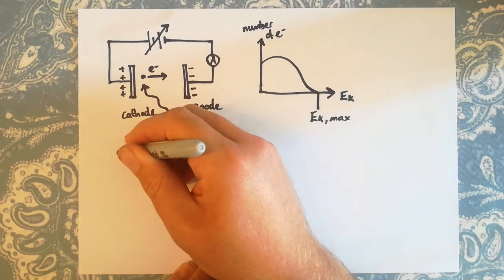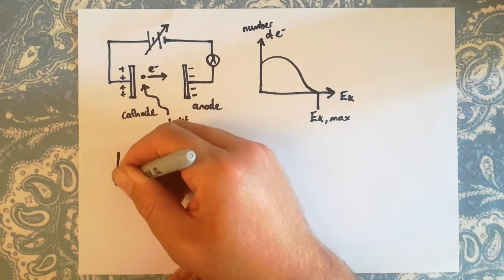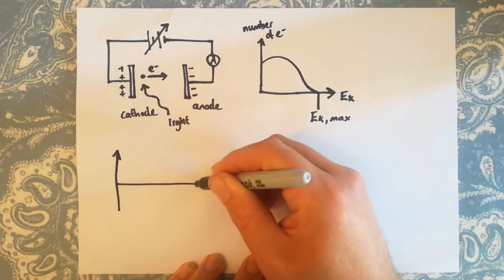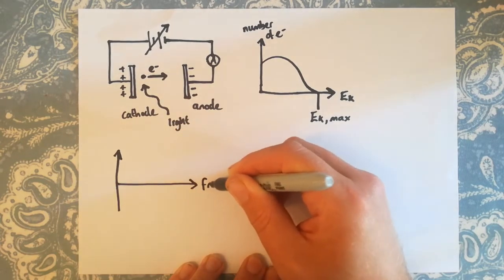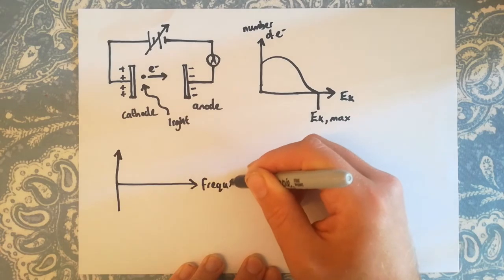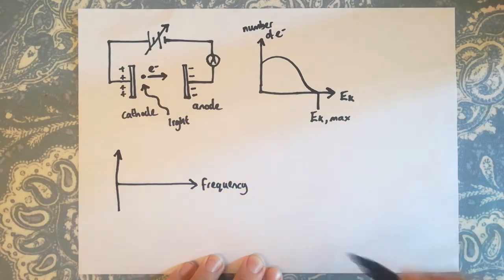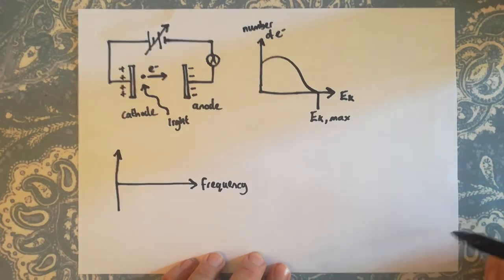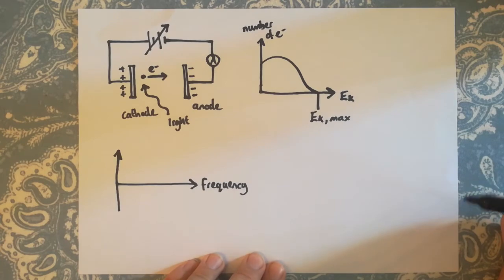If you change the, we're going to call it frequency, because we need to be able to put a number on it. And remember, when this experiment was first done, people didn't really know about photons, or they didn't think they were necessarily real.